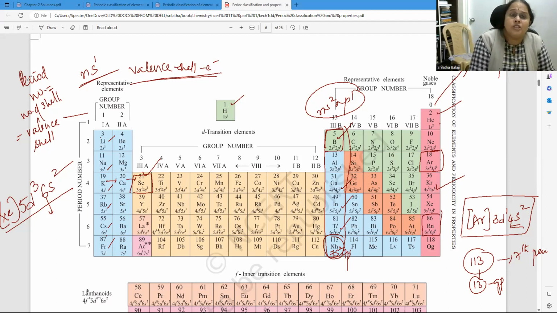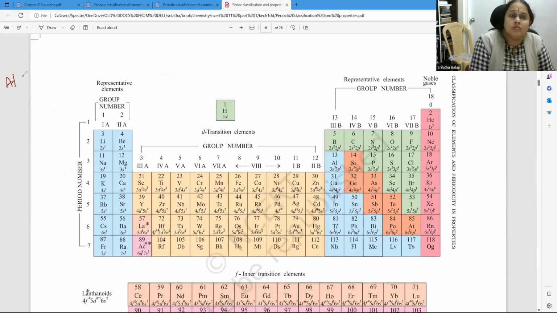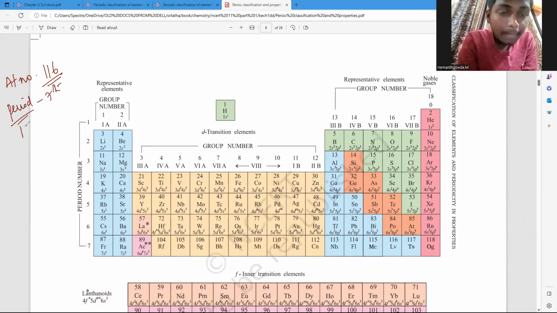See, an element with atomic number 116, which period does it belong to? 7th period, and it belongs to the 16th group.